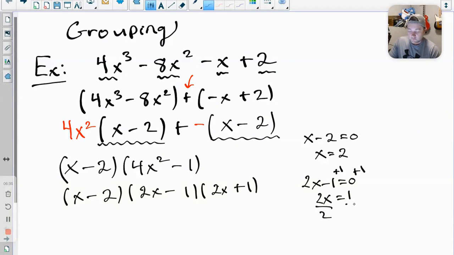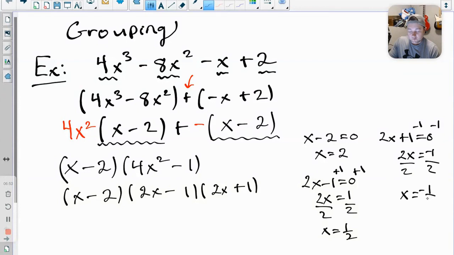Then we divide by 2, and I get x equals 1 over 2. And then the last one is just the opposite of that one, so plus 1. So minus 1, 2x equals negative 1, divide by 2, x equals negative 1 over 2. So there's the 3 potential x-intercepts.